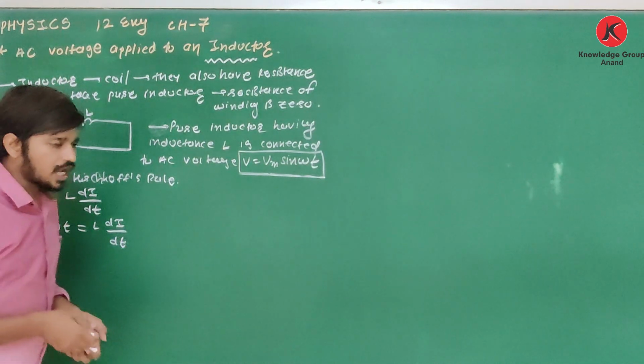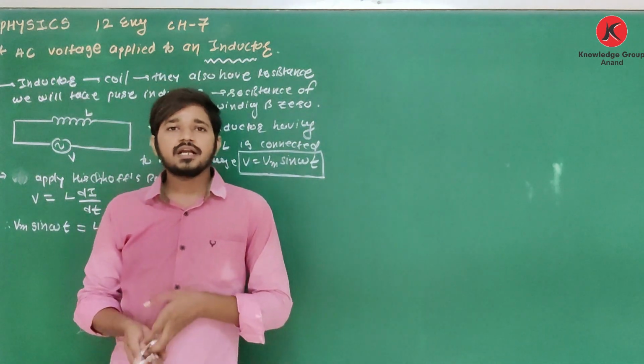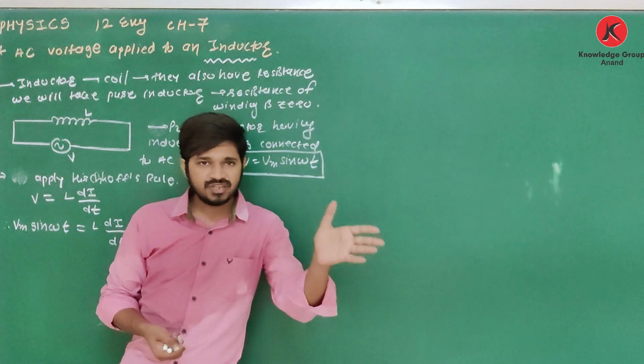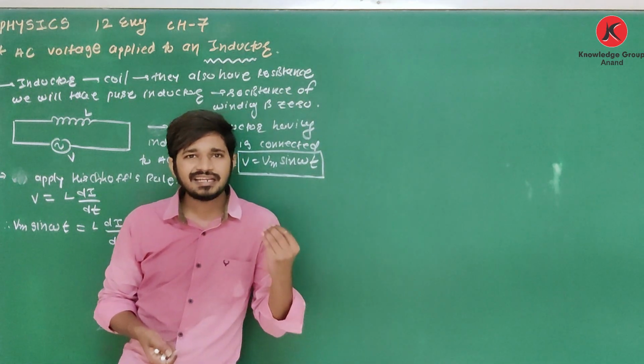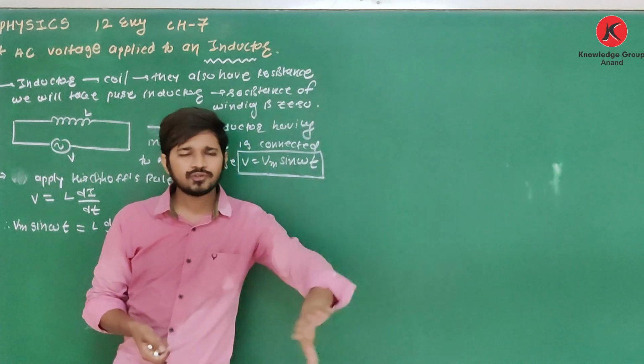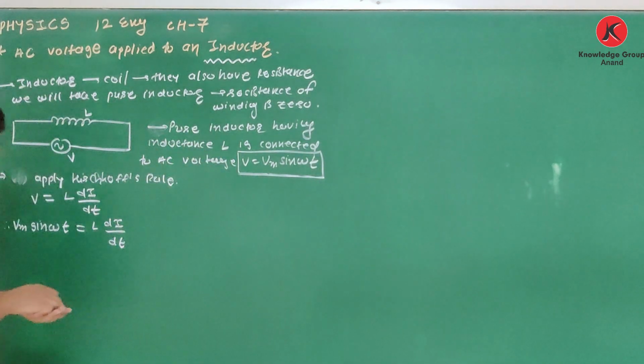Now we have to find the current. In the last theory, V is equal to IR, V is equal to Vm sin omega t, you could make I directly the subject, and that was your answer. But in this case, here it is dI. So make dI the subject.